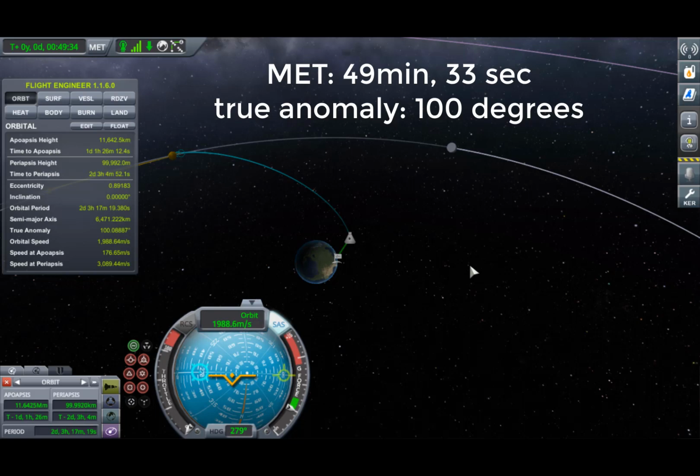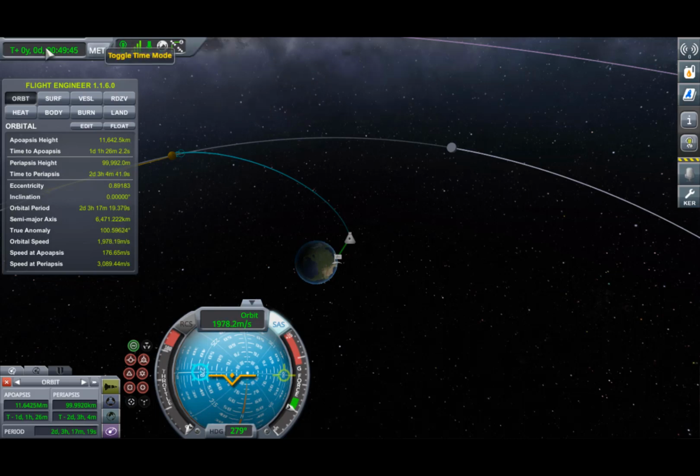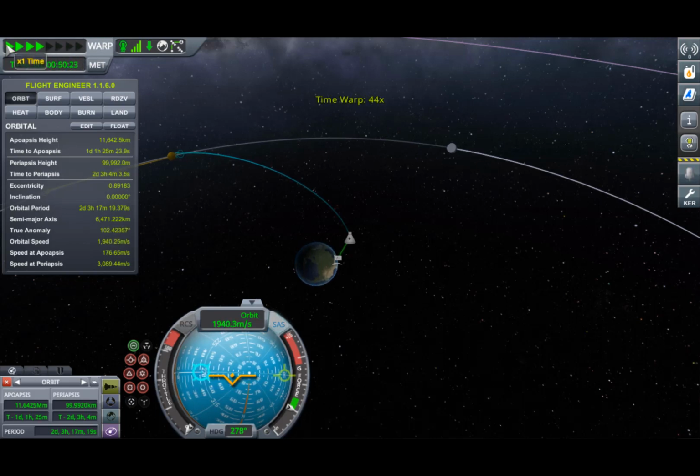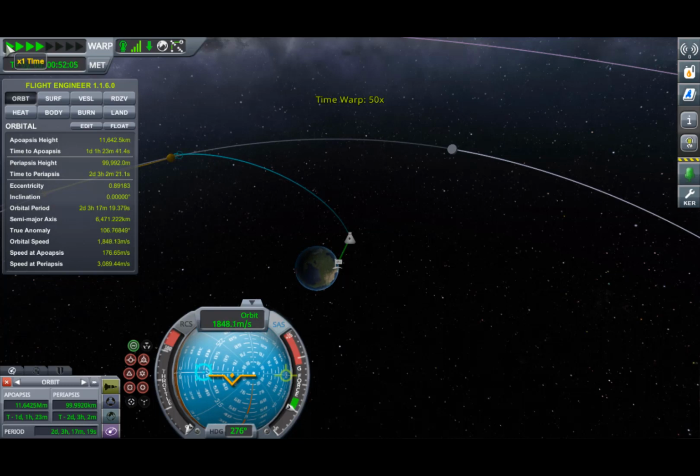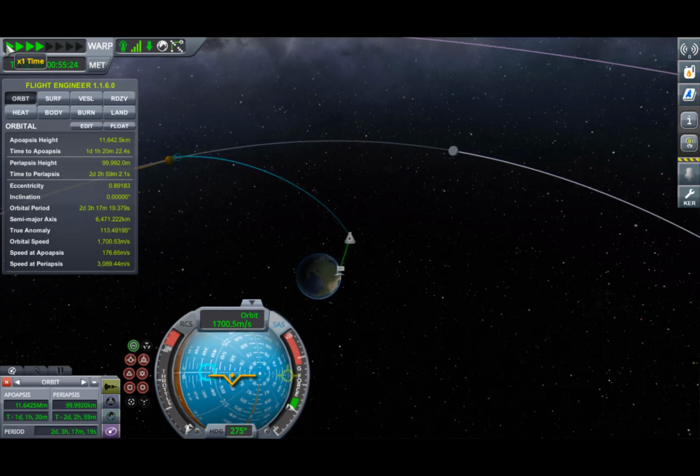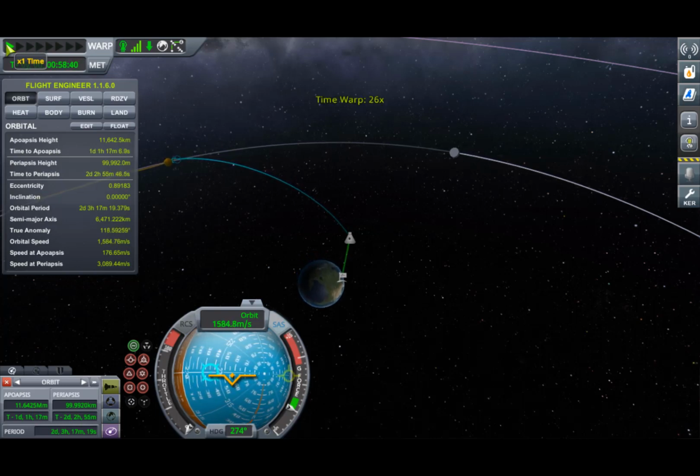Okay, right about there, at mission elapsed time 49 minutes 33 seconds, we observe true anomaly at 100 degrees. Now we are going to wait till 120 degrees true anomaly and record the elapsed time.